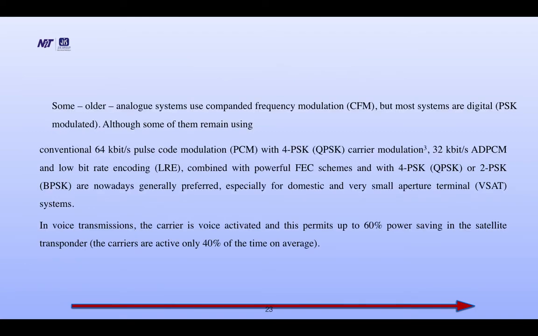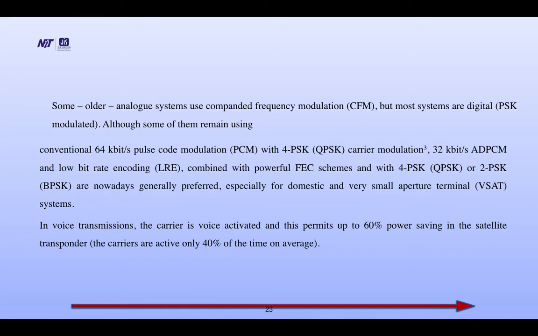Some older analog systems use companded frequency modulation CFM, but most systems are digital PSK modulated, although some of them remain using conventional 64 kbps pulse code modulation PCM with 4-PSK or QPSK carrier modulation. 32 kbps ADPCM and low bitrate encoding LRE combined with powerful FEC schemes and with 4-PSK, QPSK or 2-PSK, BPSK are nowadays generally preferred, especially for domestic and very small aperture terminal VSAT systems.